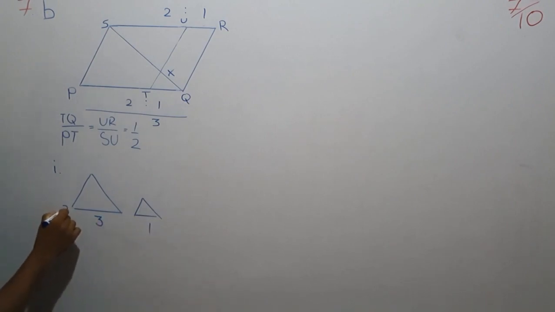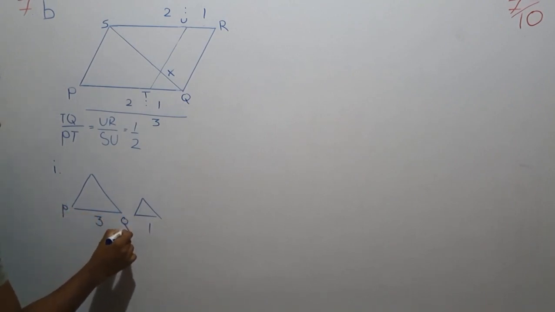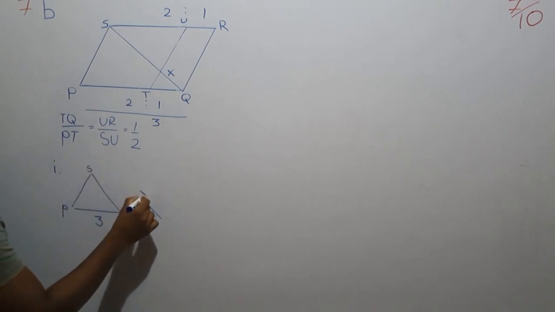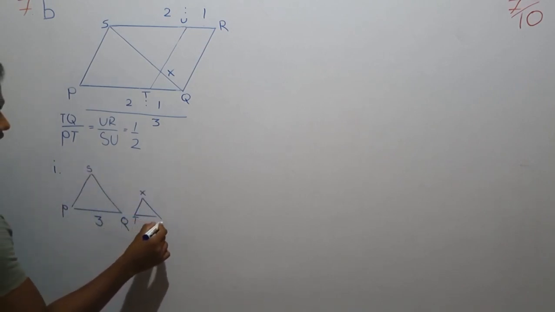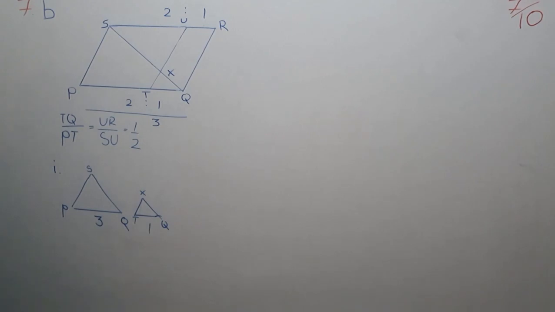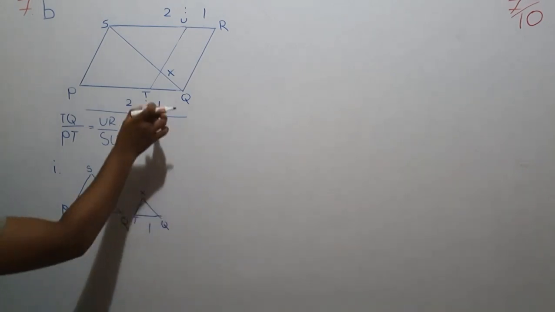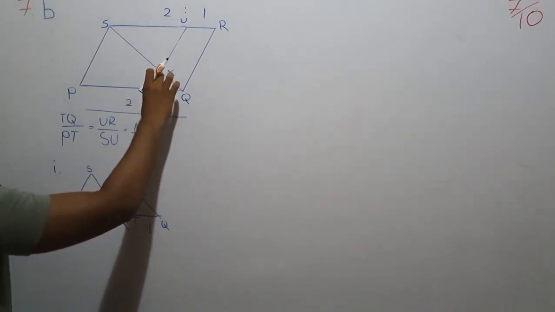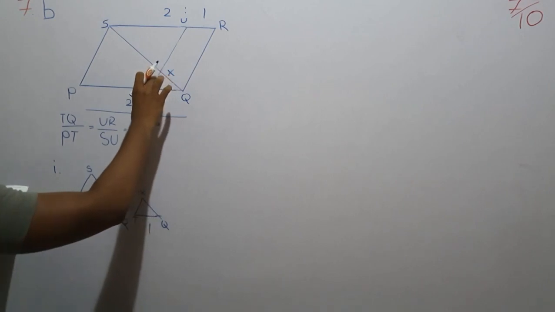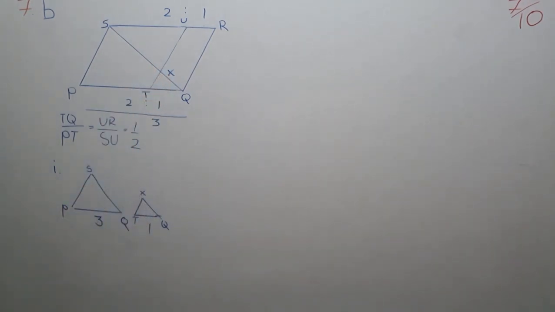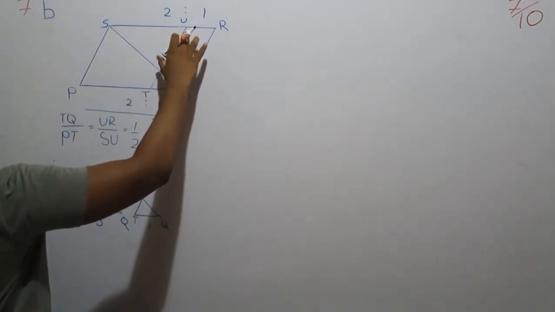So this is P, Q and S. This is X, T and Q. Similarly, if we take this as 1, this as 1, this is 2, so altogether it's 3.